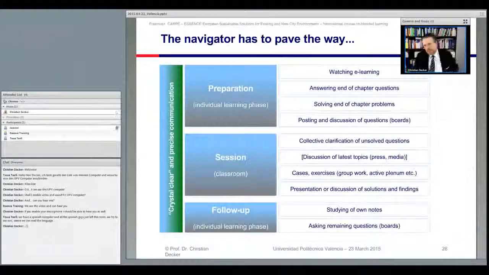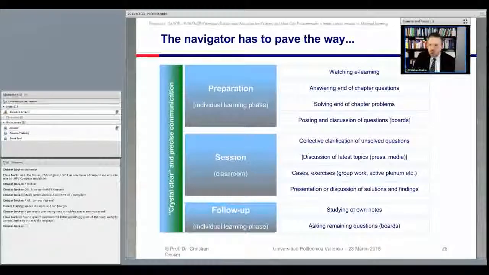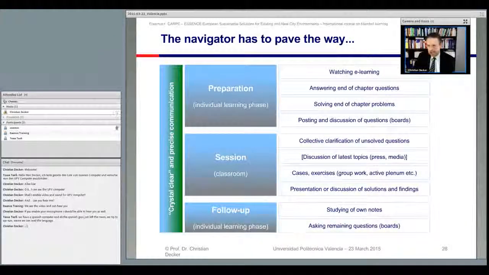And still I'm trying to increase that, but up to this point, I found no option, no solution to do so. Yes, you can put pressure on the students, but I don't want to do that. There is, for example, an option for a learning diary. You can force students to keep a learning diary, and you can force them to hand in a learning diary every week. Then again, the question is, under your internal regulation, are you allowed to do so? Currently, I'm not allowed to do so, so this is not an option for me.